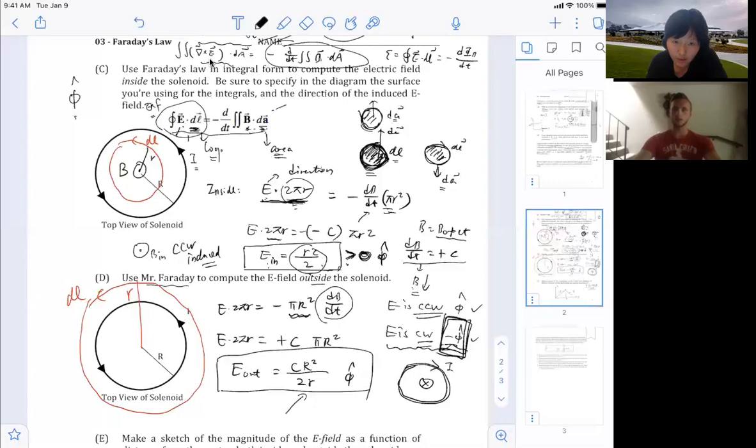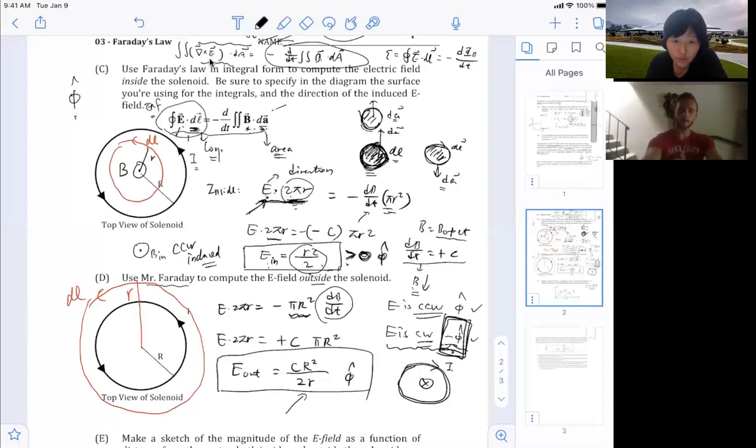If E and dl are in the same direction, then it reduces to E times dl. So in this case, you will calculate the E magnitude, and you don't need a negative sign. But if your E had been the other way around, you will see that negative sign coming out of your equation just to make sure both sides match. Does that make sense? Yeah, thank you.